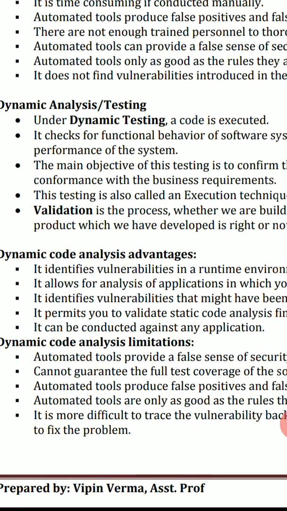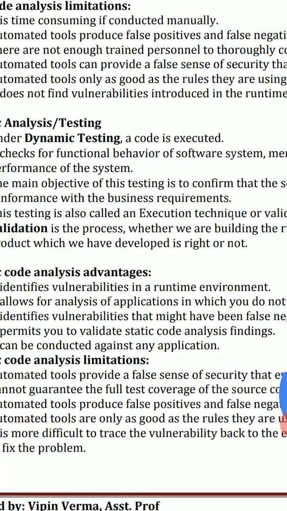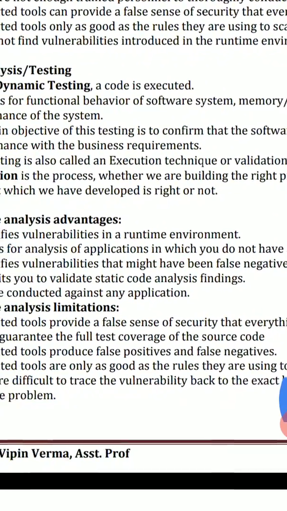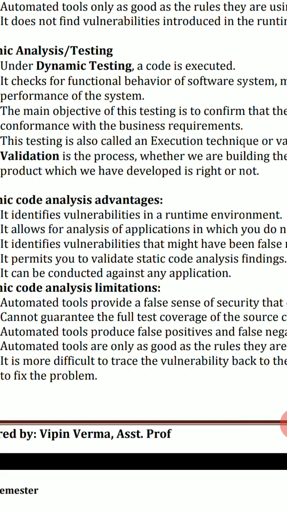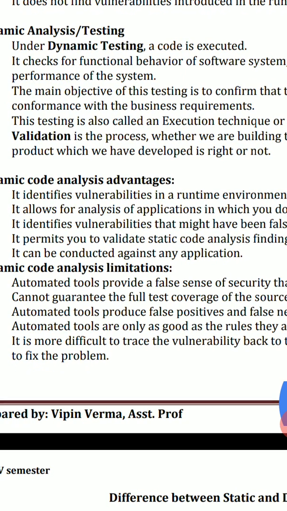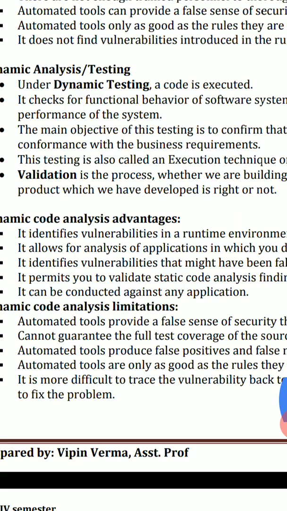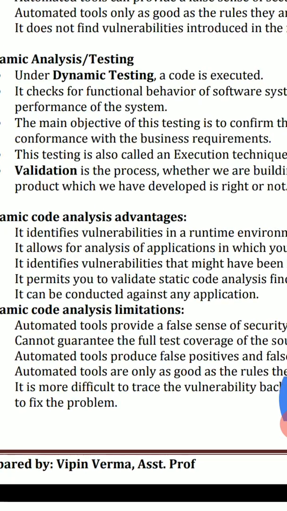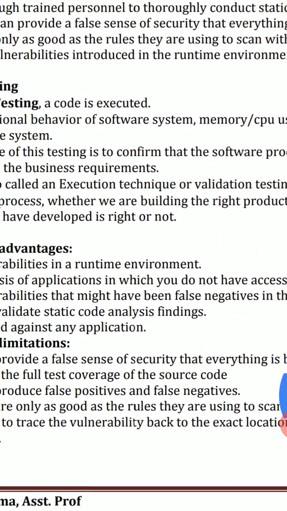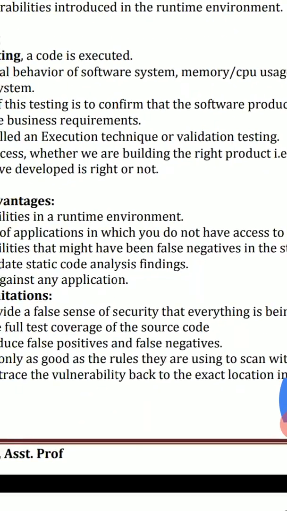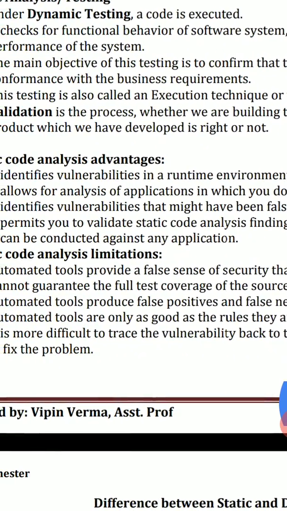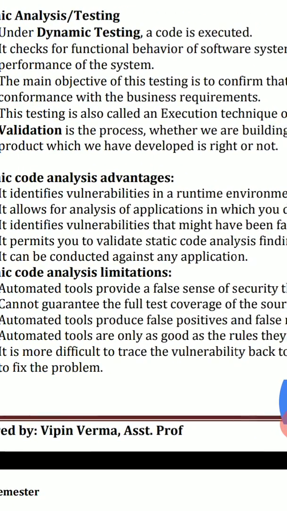Then it checks the functional behavior of the software system. Basically the dynamic testing methodologies perform methods to check the functional behavior of the system. The main objective of this testing is to confirm that the software product works in conformance with the business requirements.